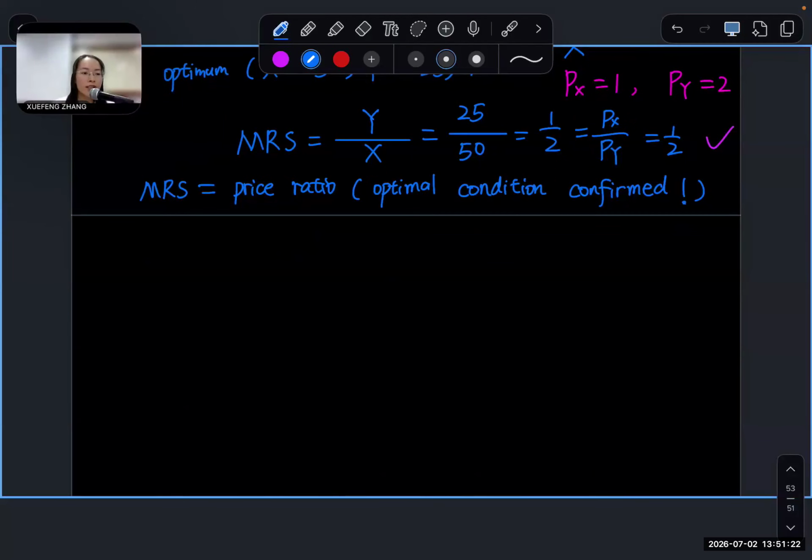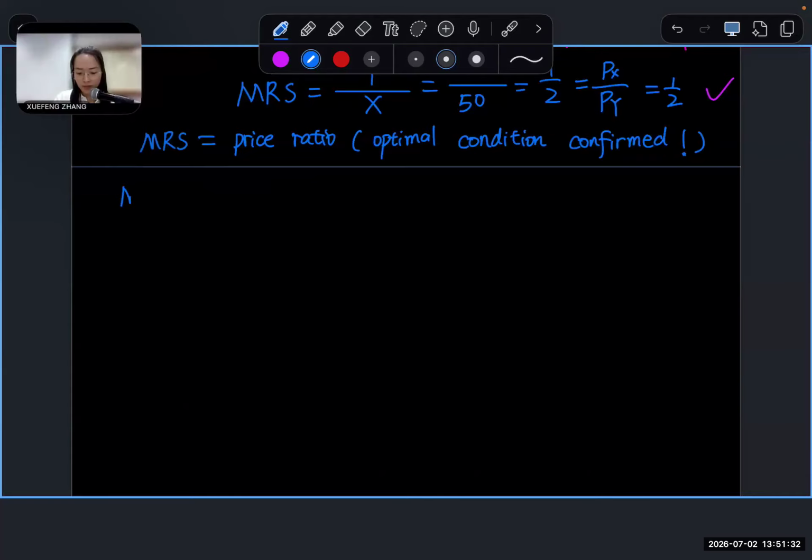Next question, find the maximum level of utility that the consumer can get. Maximum utility, so U star equals X star to the power half, Y star to the power half.